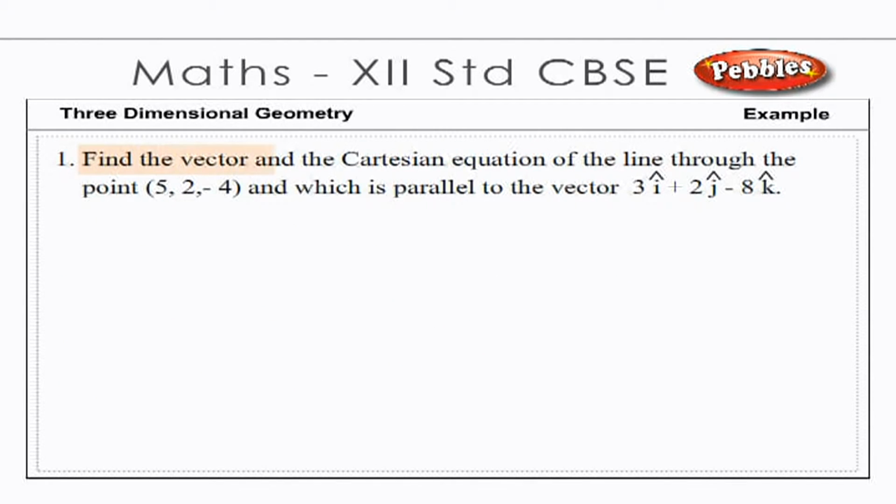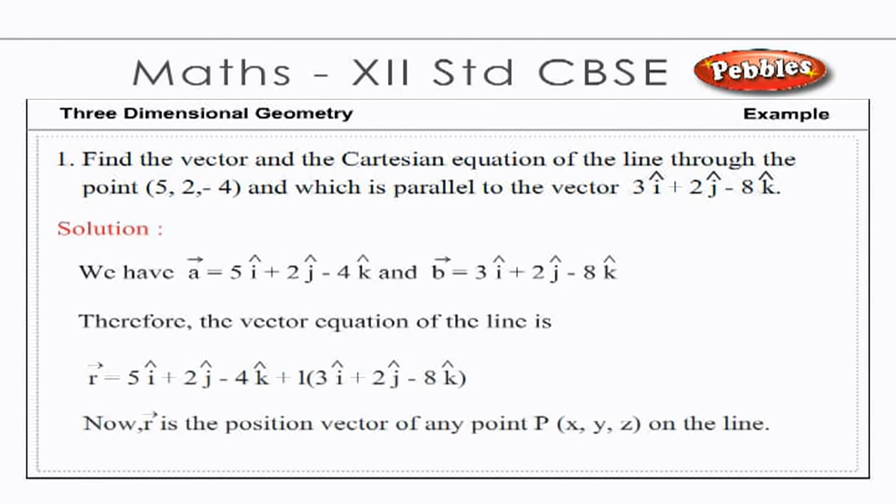Find the vector and the Cartesian equation of the line through the point 5, 2, minus 4 and which is parallel to the vector 3i cap plus 2j cap minus 8k cap. Solution. We have a vector is equal to 5i cap plus 2j cap minus 4k cap and b vector is equal to 3i cap plus 2j cap minus 8k cap.